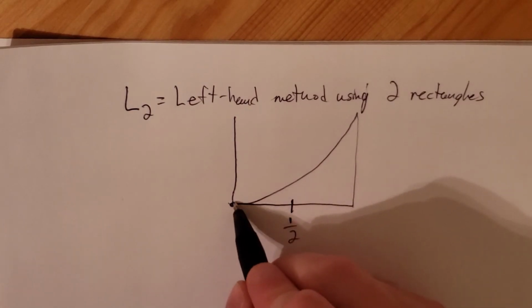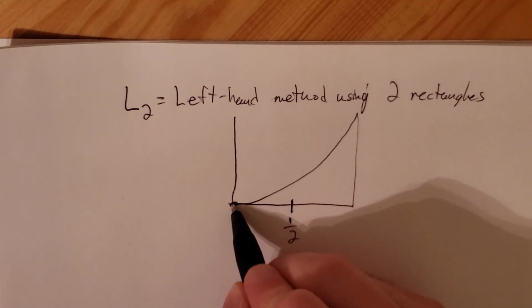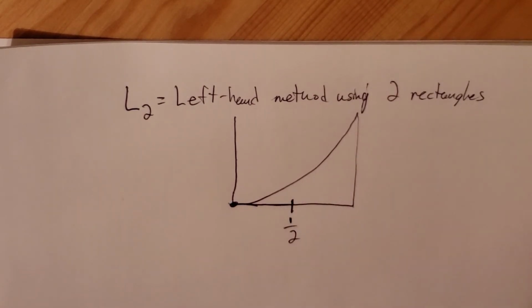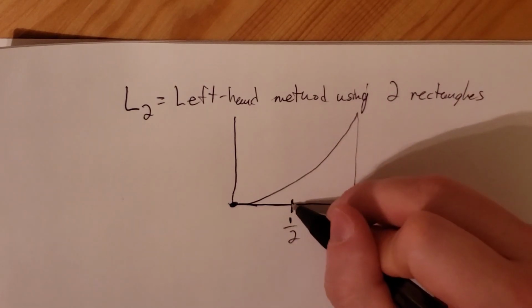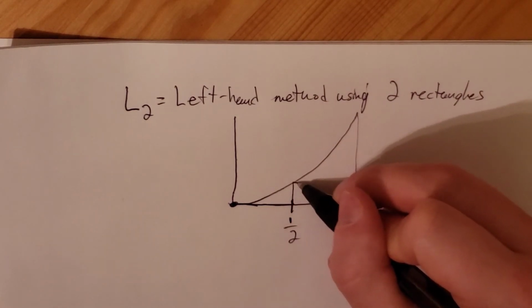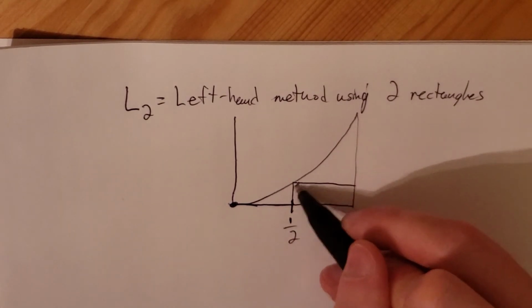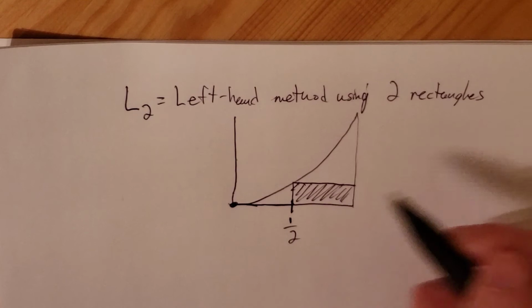Well, the left-hand side of the first interval is just 0, right? We plug in 0 into the function and we get out 0. So our height is 0. And now we use the left hand on the second interval, and we get this rectangle here.